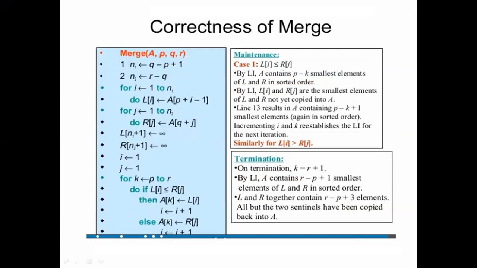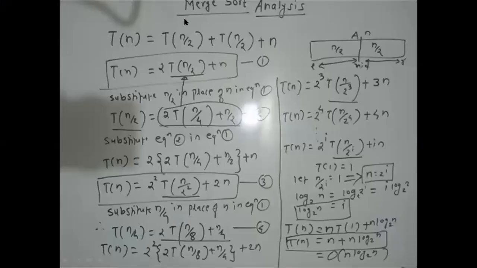So now, how to analyze the time complexity of merge sort. We have to calculate the time efficiency of merge sort.